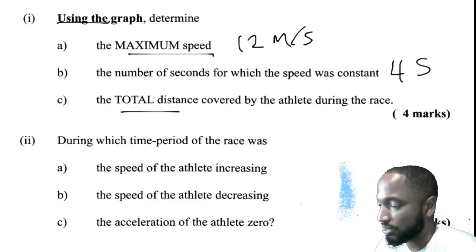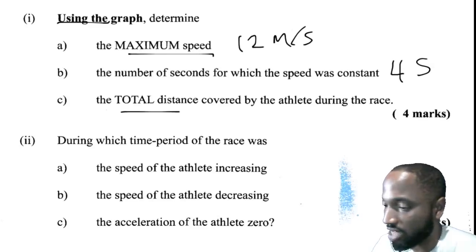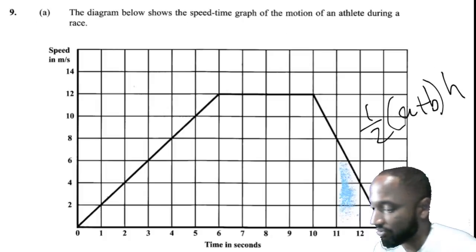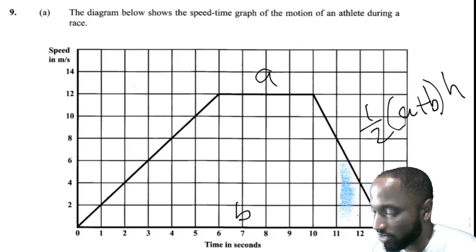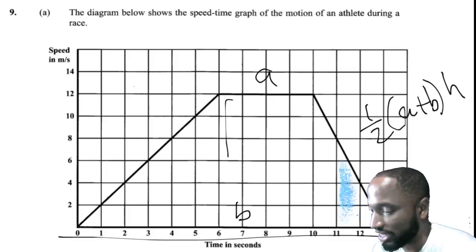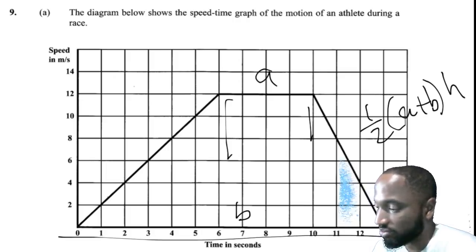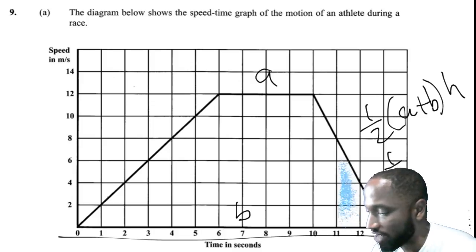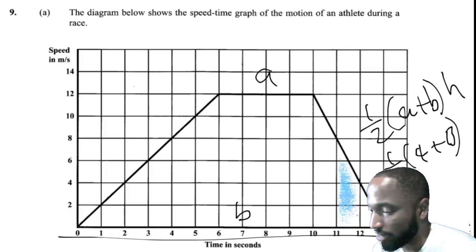Half A plus B, let me work it out right here on the graph. Let's make this side called A and let's make this side called B. B is 13, and we already worked out that A is 4 seconds. So it's really a half of 4 plus 13 multiplied by the height, which is 12. Now this is not B, this is 13. I just write it kind of weird.